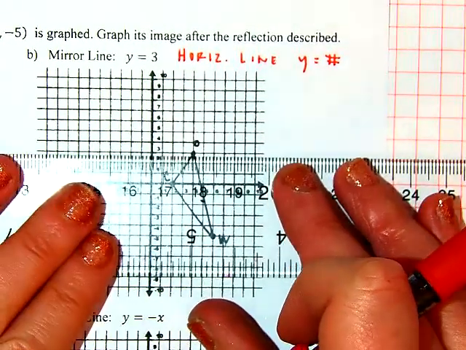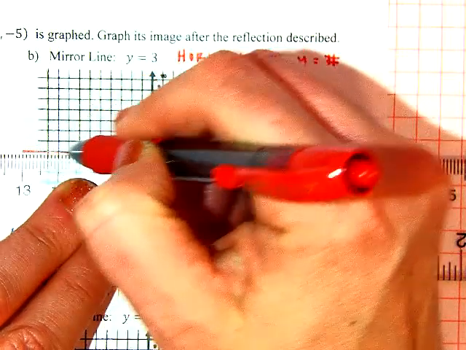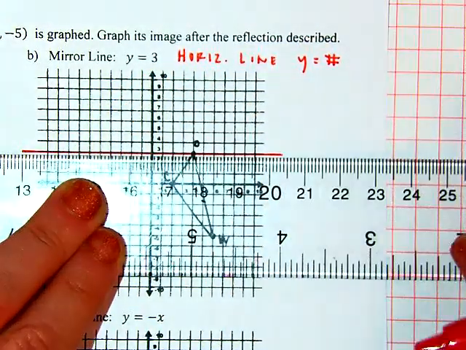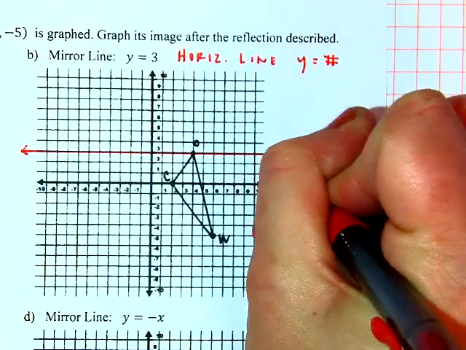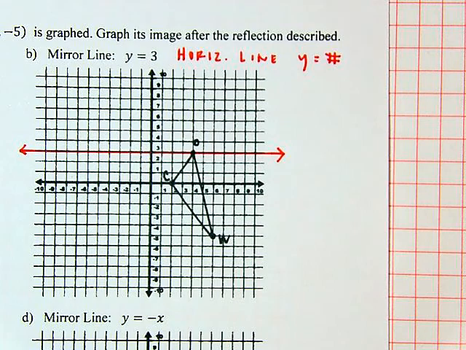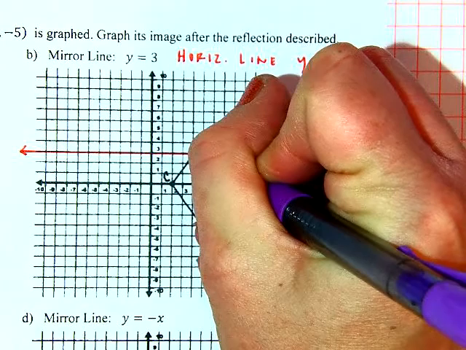So right here it's going to pass through where point O is. All right, so there is my mirror line. So point O really isn't moving anywhere.